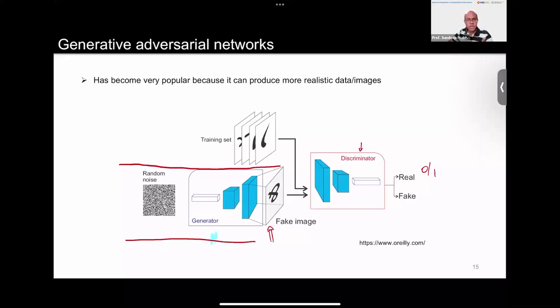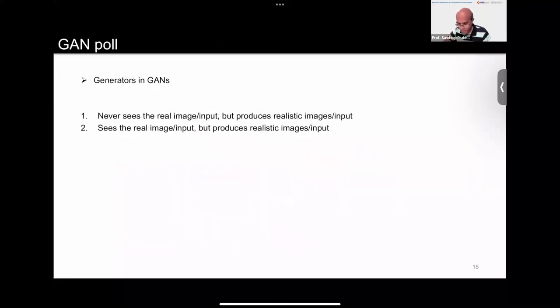Okay. Now, if it sees training data, it's going to say real. If fake, it's going to give a 0. But at some point during the training process, it should be such that the discriminator is not able to discriminate between the fake and the real images. Okay. So now this is the pipeline illustration.